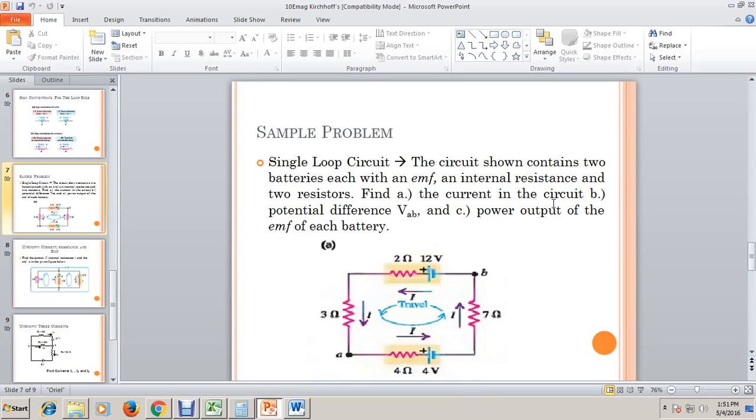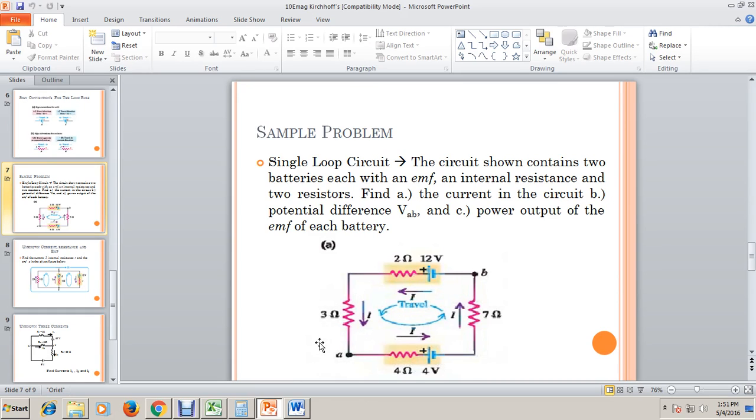From here, we can now compute for the potential difference at points A and B. How do we compute the voltage drop at points A and B? This is the technique. Notice that you only have a single loop in our given problem, and the whole loop is divided into two branches, which we consider as the upper branch and the lower branch.